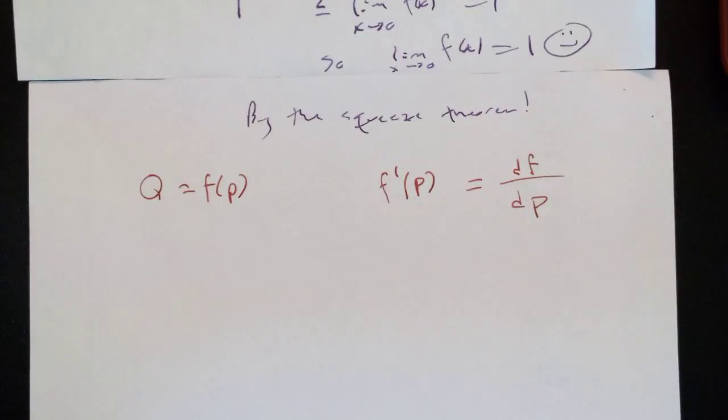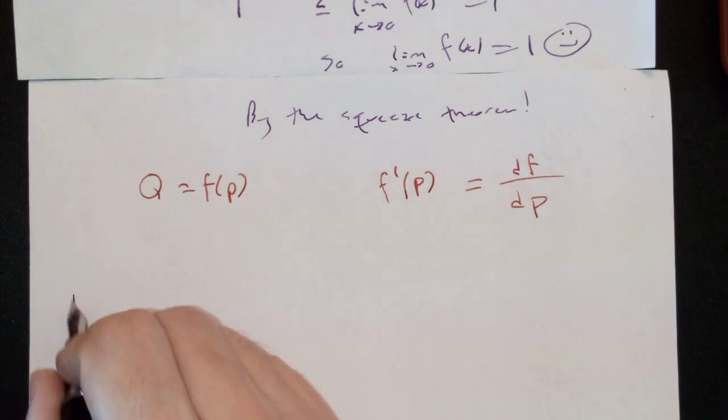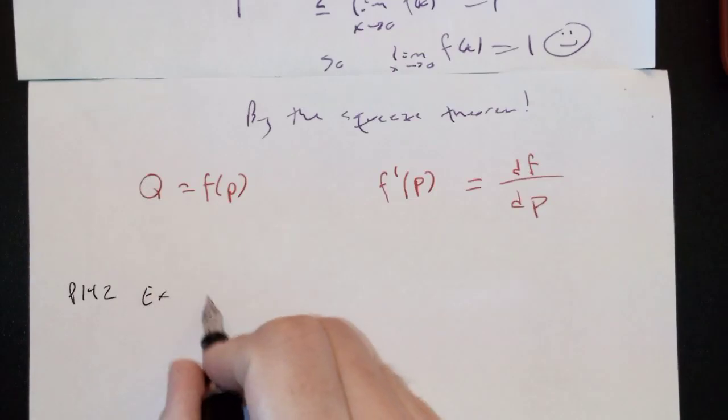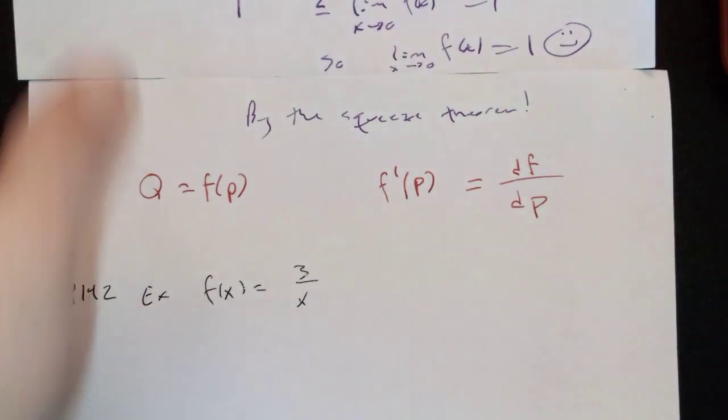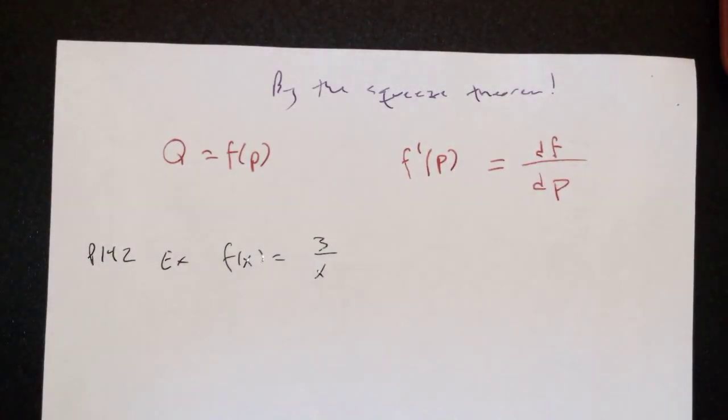Oh, I think there's an example earlier in the text. Back in section 7. Yes. Page 142. There's an example that does 3 over x. Because it's the over x that's giving you the problem, right? Okay, so we'll just do this one.